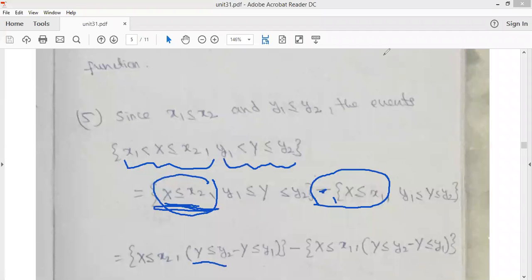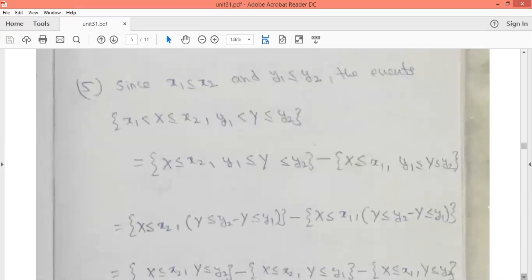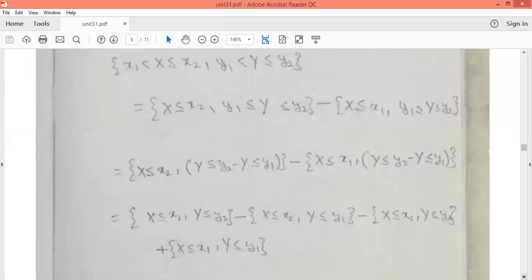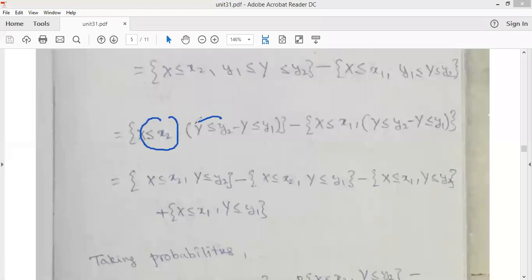Okay, so from that, what are we getting now? We are dividing this into four parts. We are combining these two, that is x less than or equal to x2, y less than or equal to y2. This is the first combination. Then x less than or equal to x2 minus y less than or equal to y1, so this minus we write outside: x less than or equal to x2, y less than or equal to y1.